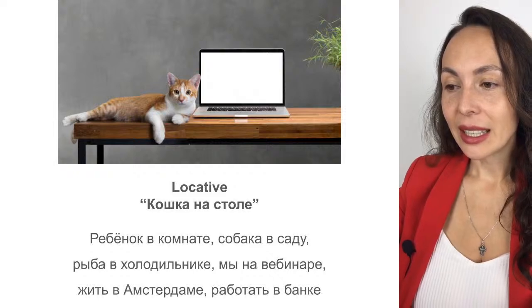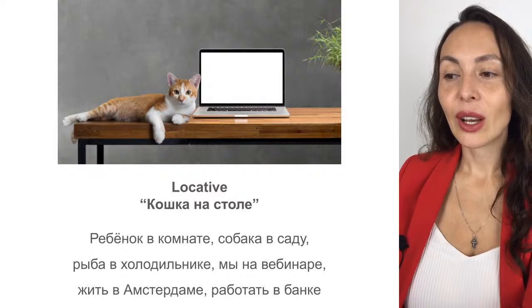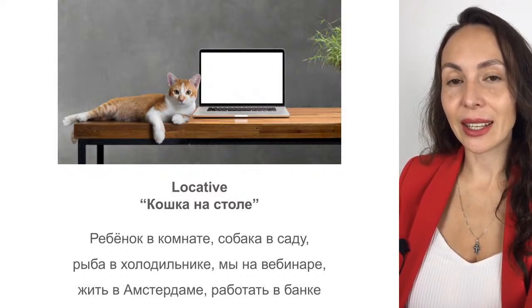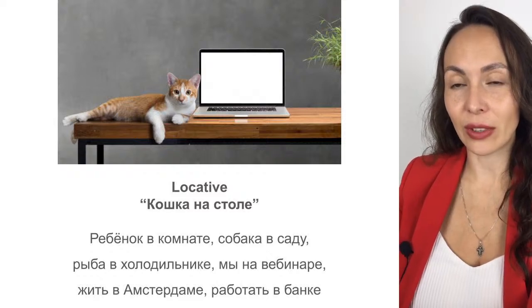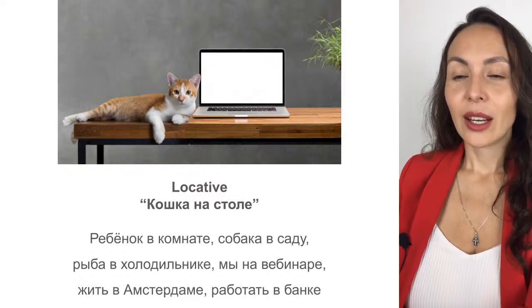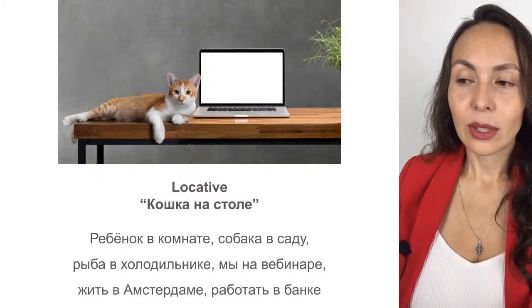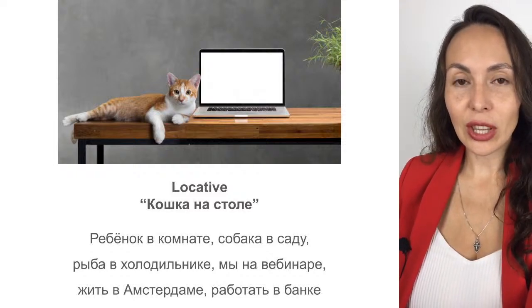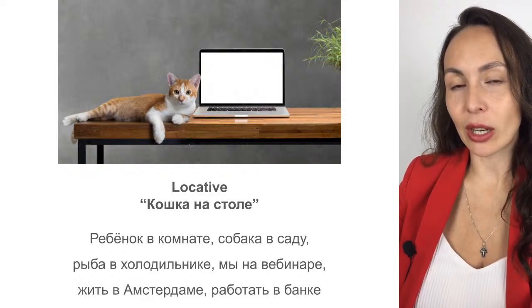Okay, locative. Кошка на столе. This is locative because it's location. We're talking about the location of this cat. Кошка на столе. You know all this, right? So, we should think that кошка на столе is a typical situation. What does that mean?